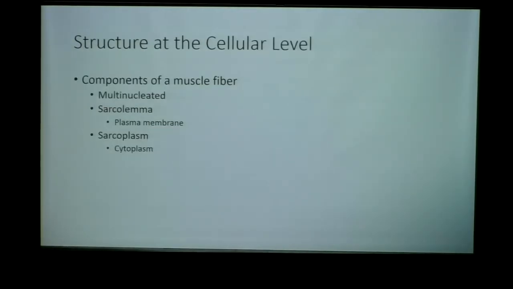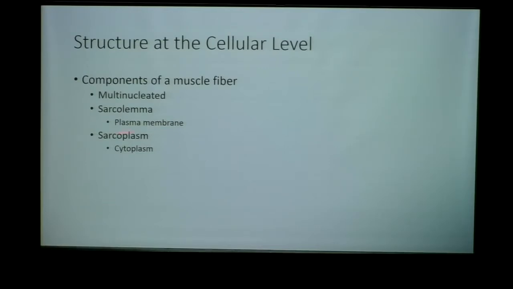Some features of skeletal muscle: it is multinucleated. So within a single muscle fiber, we have many nuclei. That is not the case with most of our eukaryotic cells. They usually have one nucleus. It is covered in a plasma membrane that's uniquely called the sarcolemma, okay? So the plasma membrane of our typical cell is called the sarcolemma in the case of muscle.